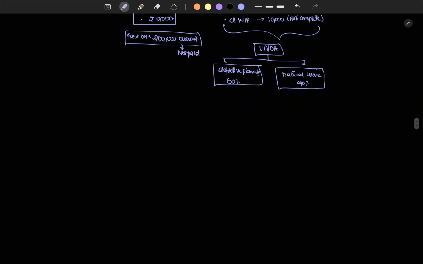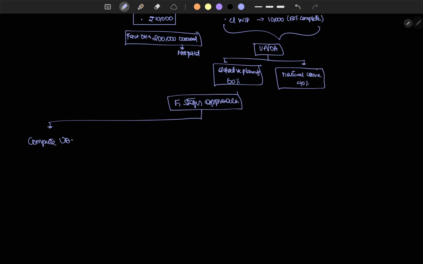I have 5 steps to complete this sum in a structured manner. This is a 5-step approach. The first thing we have to compute in this question is whether under absorption or over absorption occurred.